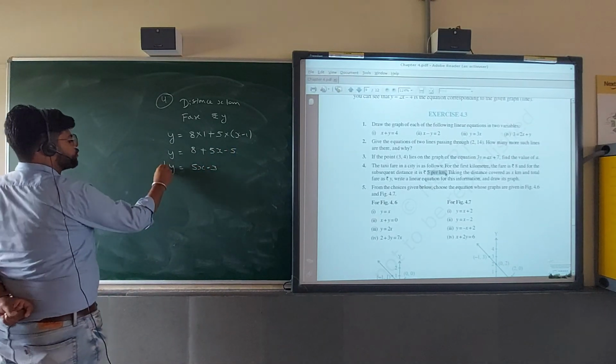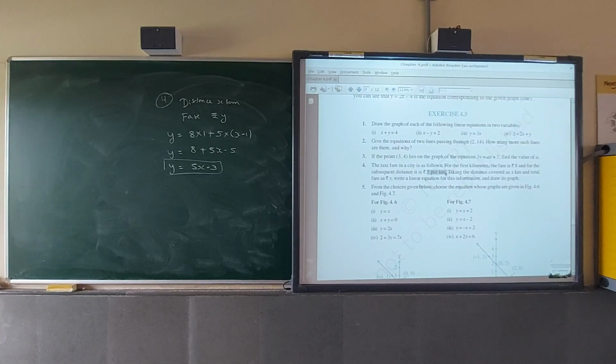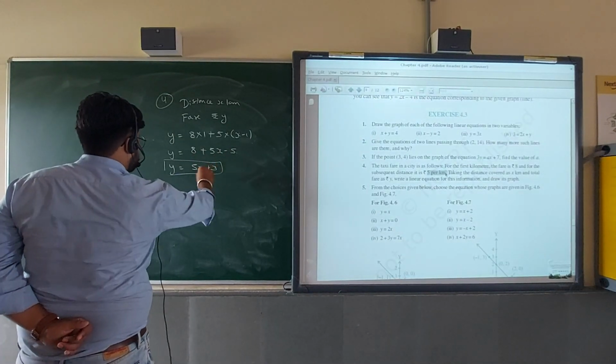This will be the equation: y is equal to 5x plus 3. Here the plus came, like 8 minus 5, it will be plus 3 only.